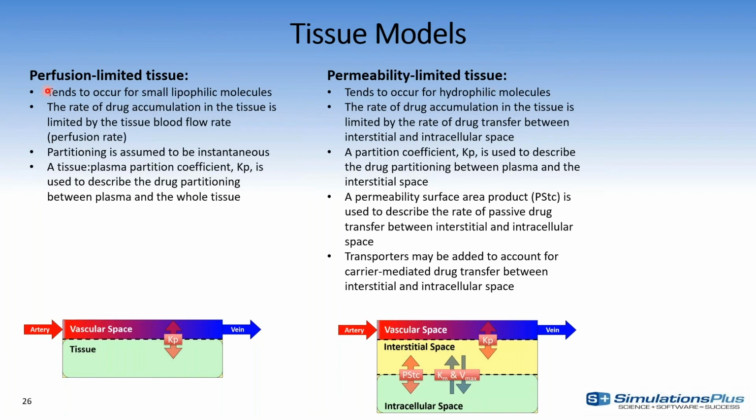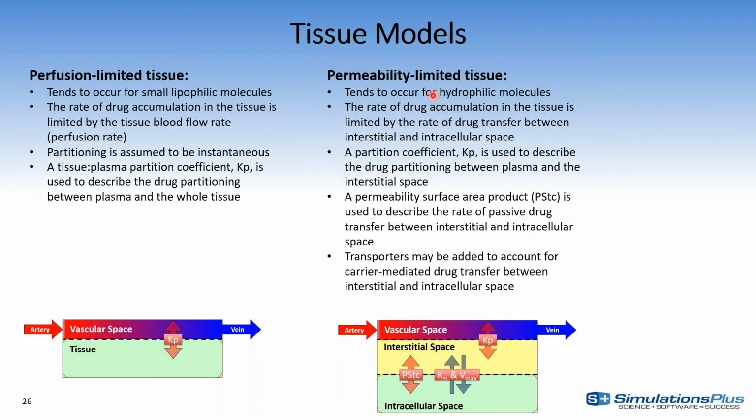For the perfusion-limited tissue, when you have small lipophilic molecules, the tissue can usually account well for the volume of distribution predictions. The rate of the drug accumulating in the tissues is limited by the tissue blood flow in this model, and the Kp describes the drug partitioning between the plasma and the whole tissue.